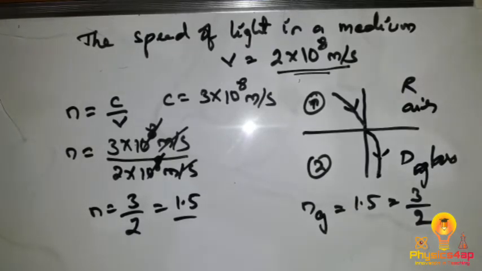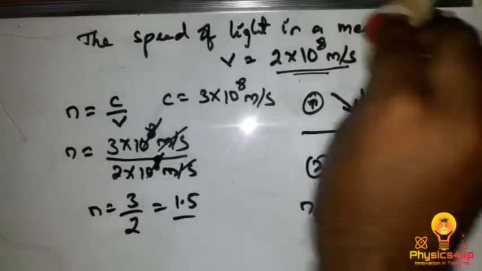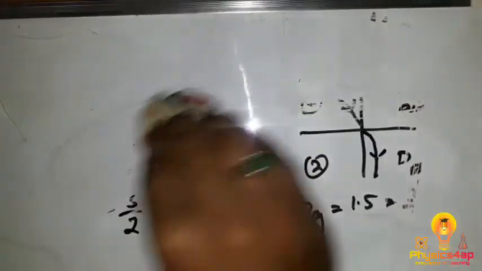So let's take another numerical example based upon the absolute refractive index. This time the refractive index will be given, and we have to find out the velocity in a medium over here.